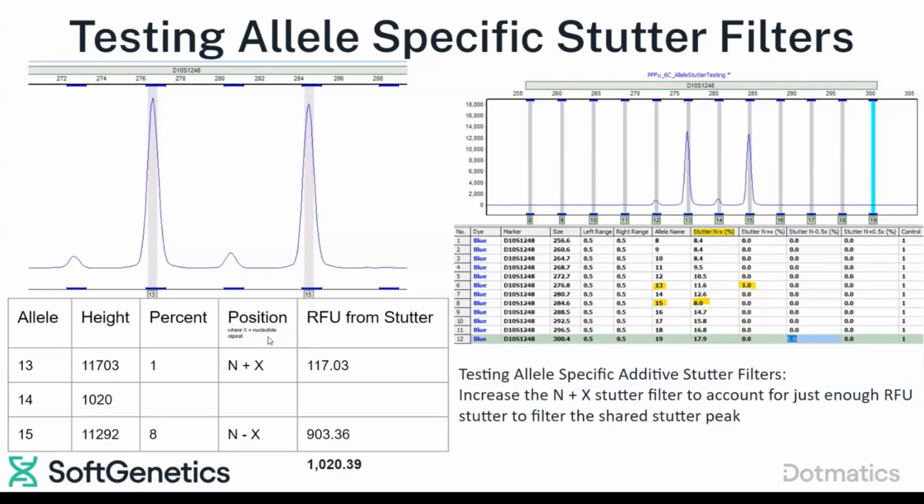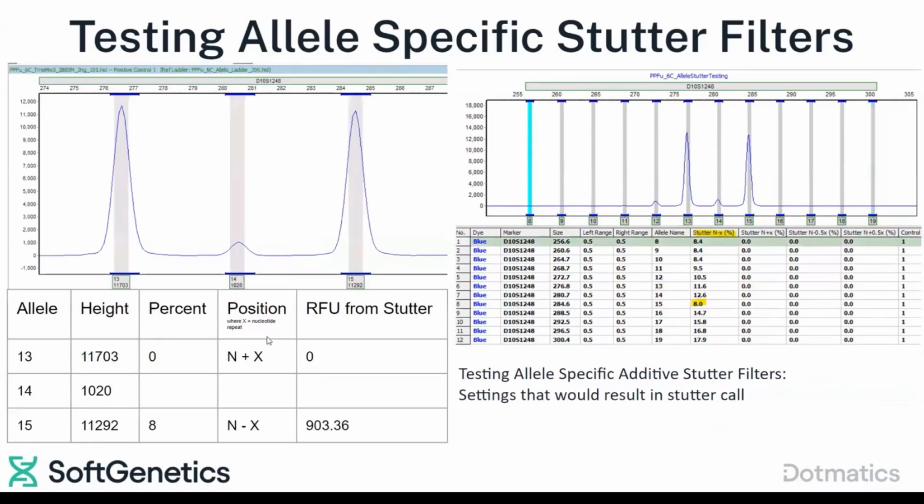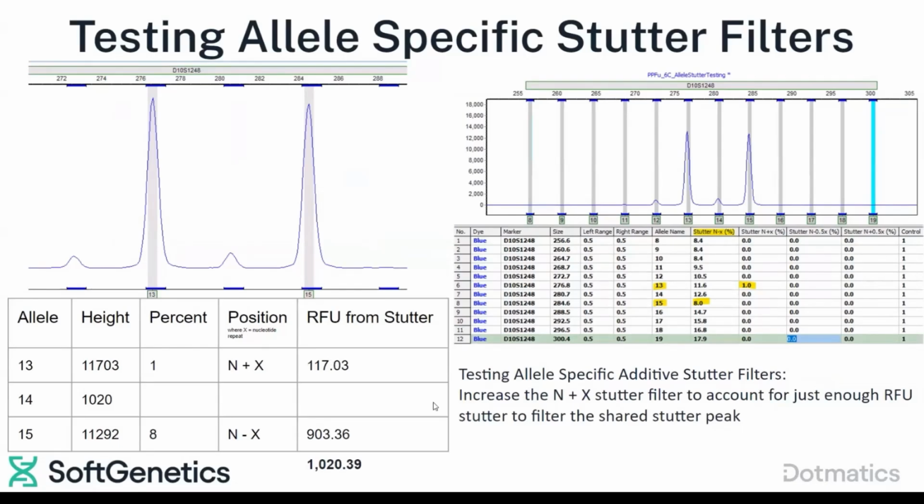And if you remember, the peak height was actually 1020. Okay. So we'd go into the settings. We'd look at the 13 allele. The plus stutter position is set to 1%, keeping the 15 at the N minus position at 8%, and the peak is filtered out.